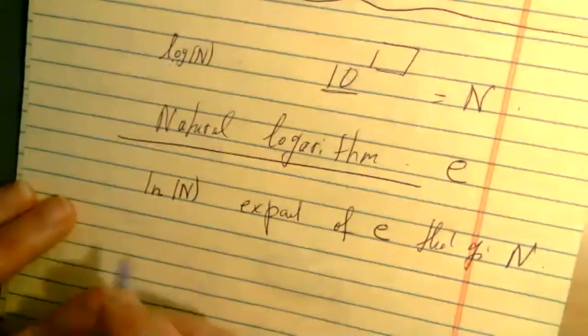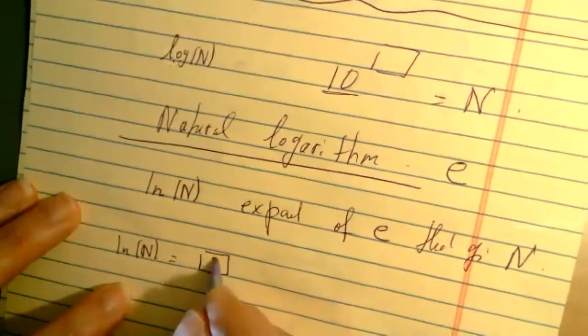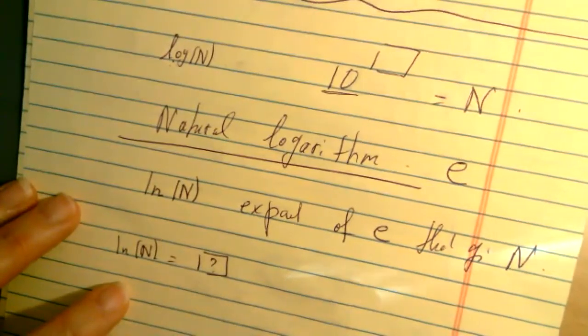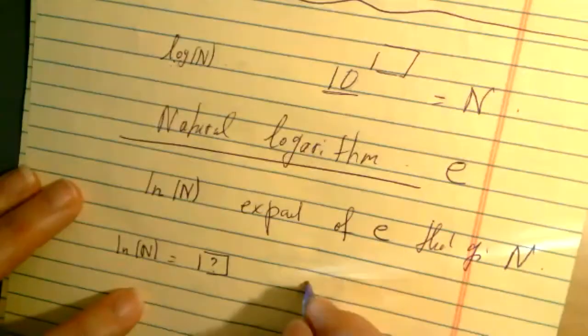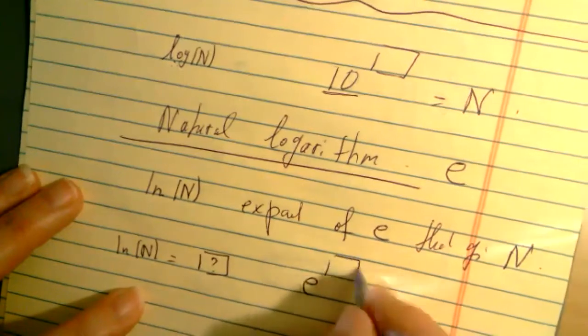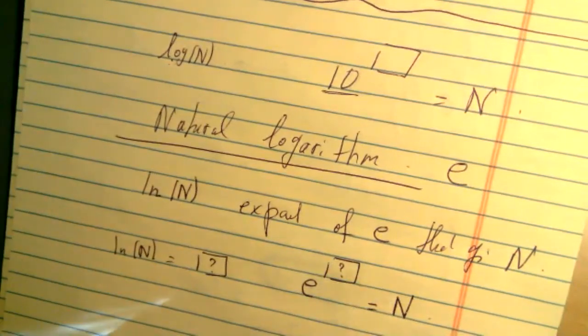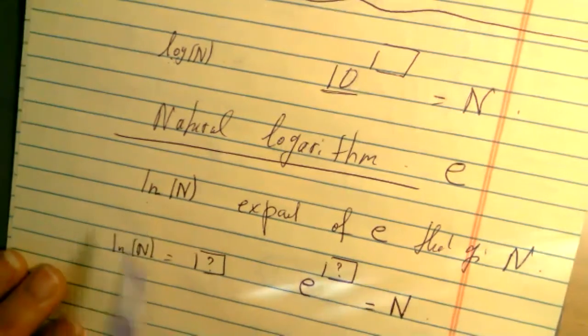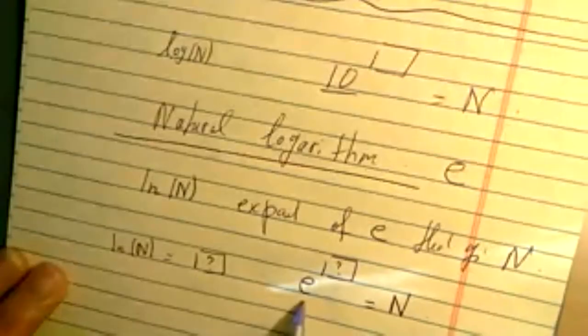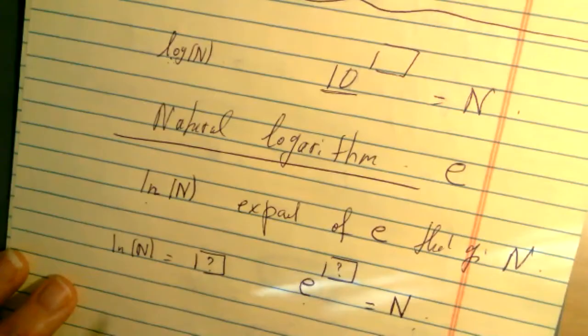So what is ln of n? It's the number in the box that has the property: e to the power of this number gives me n back. So instead of 10 to the power, the ln is the power of e that gives you n back.